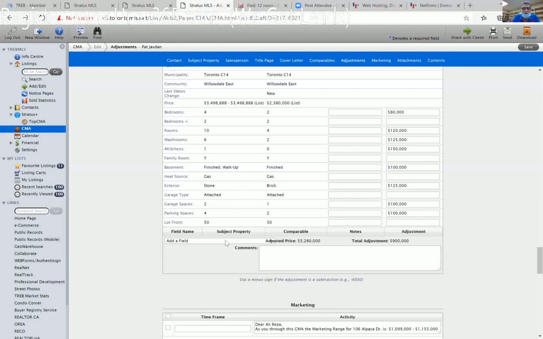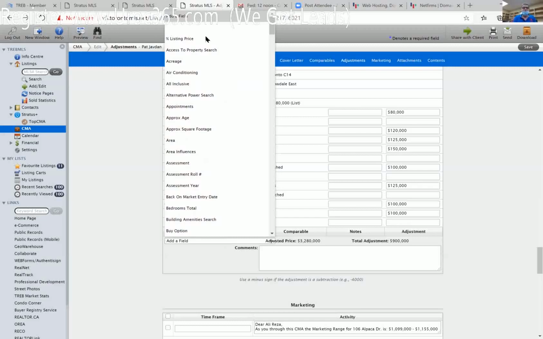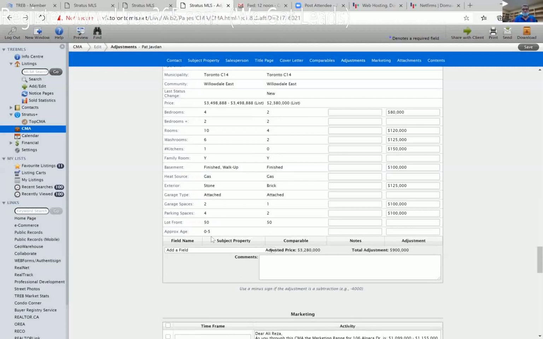Okay. The most important thing, first of all, is approximate age. Is it right? It's very important. This is 0 to 5. How is this one? At least 35. If you consider each year, at least 10,000, you should consider 250,000 for the age.